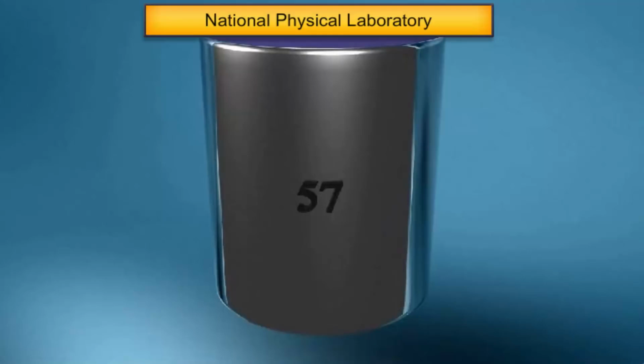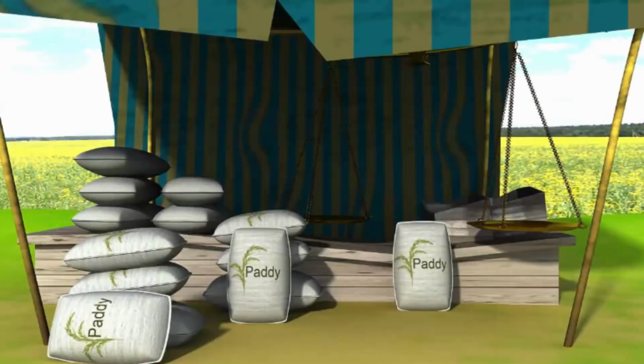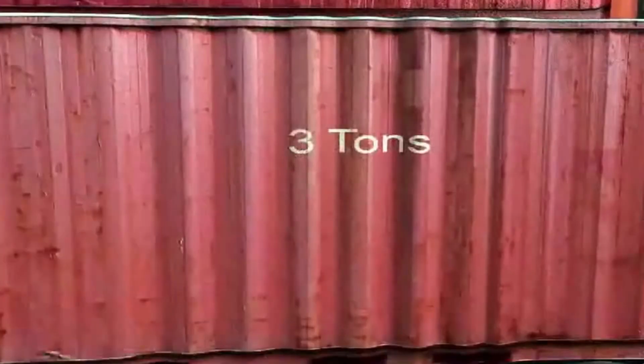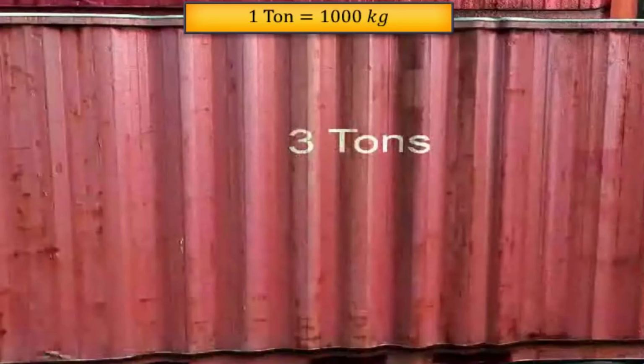If the magnitude of the mass of the object to be measured is much higher than the kilogram, say, for example, the mass of a paddy bag, unit like quintal, which is equivalent to 100 kilograms, is considered. Another higher unit is the ton, which is equivalent to 1000 kilograms.